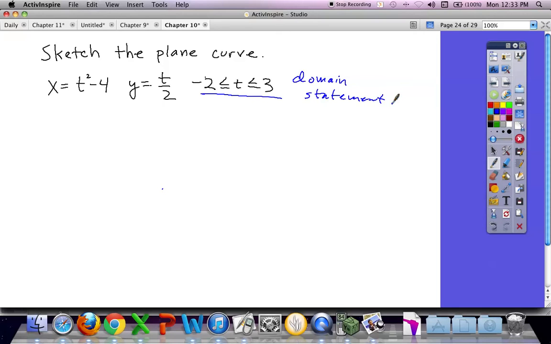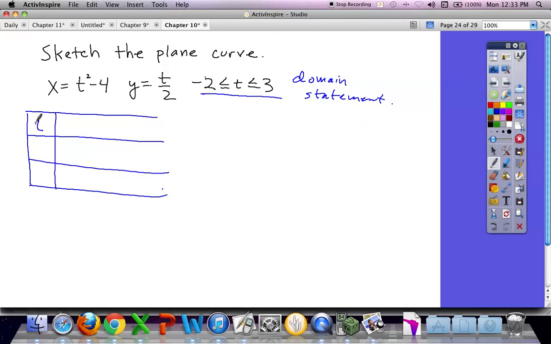Okay, so let's make ourselves a table of values. Now, in our table of values, we need to have 3 rows. Right? The first row is t, the next row is x, and the next row is y. And it said to go from -2 to 3. So let me substitute.